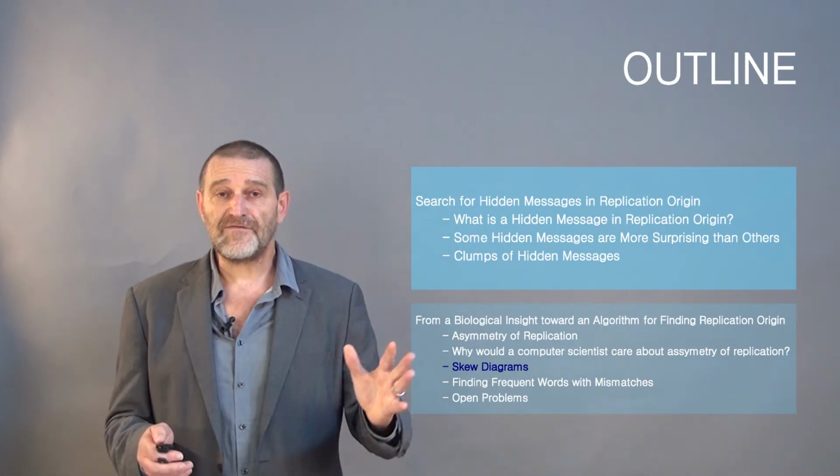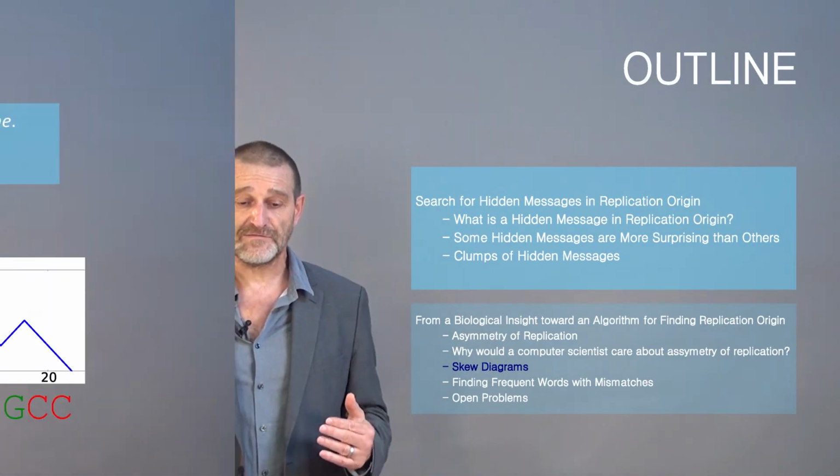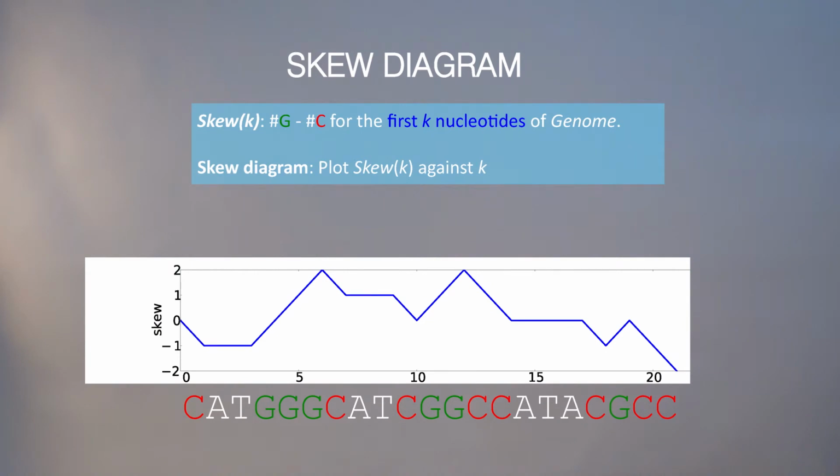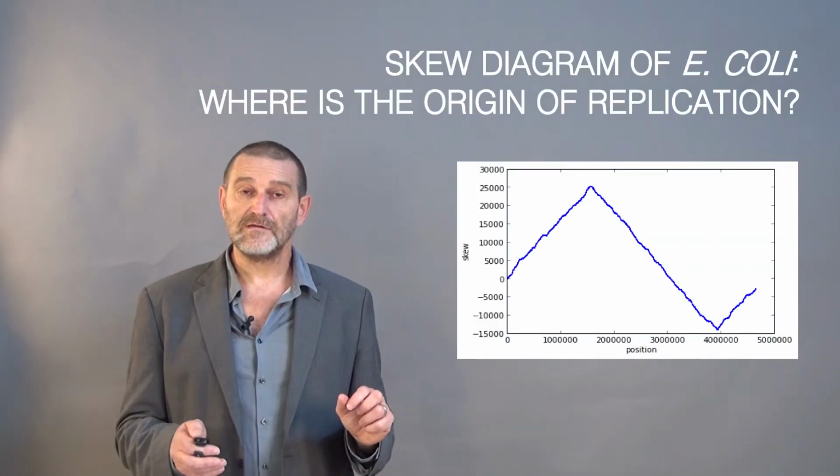So let's define a mathematical framework for how to deal with this. We define skew of K as simply the number of G minus the number of C in the first K nucleotides of the genome. And a skew diagram is simply a plot showing skew of K against K. Now let's construct the skew diagram for the E. coli genome.